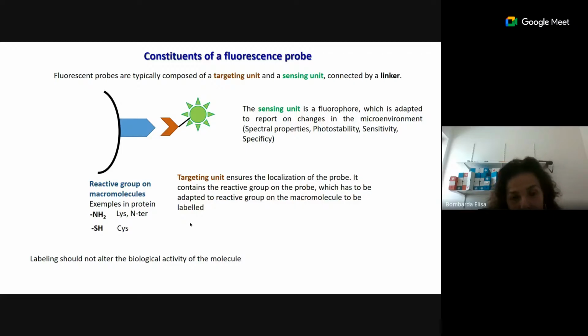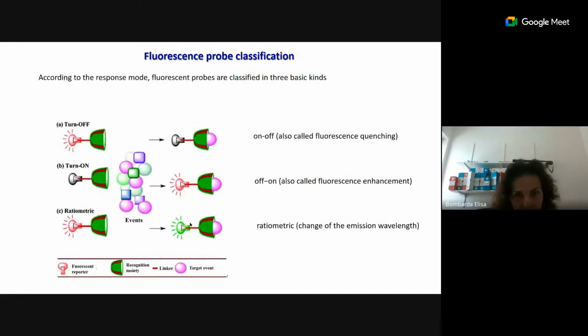In particular, since we are interested in biological activity, we should not alter the biological activity of the molecule. That's why several controls have to be done when you change your system by adding a probe, because a probe makes your system visible, but it is something that was not there before, and you have to be sure that it doesn't change the system.